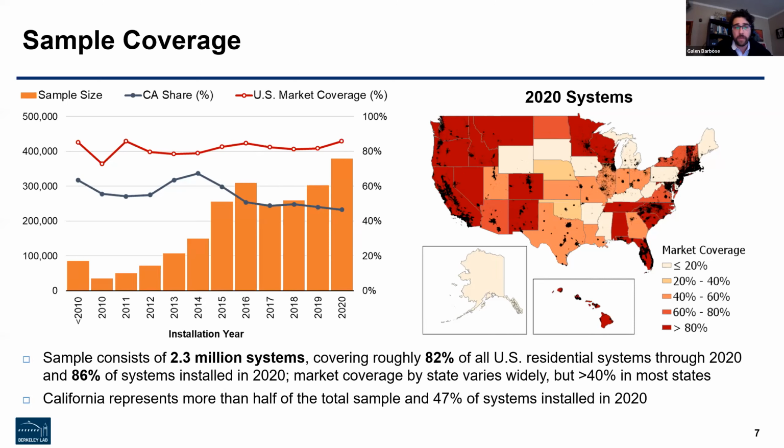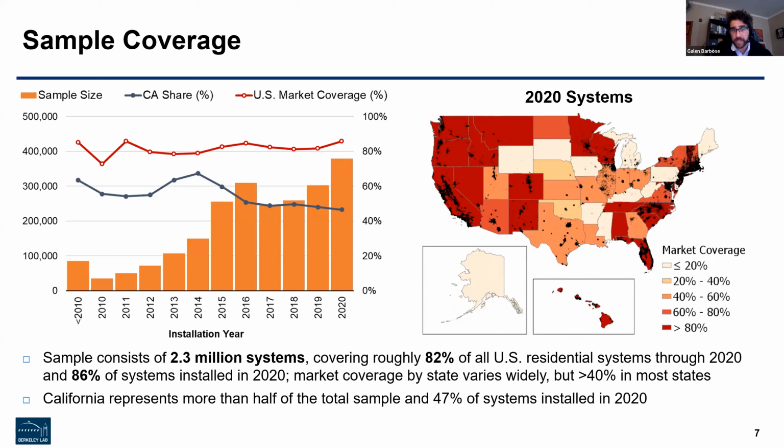The blue line highlights the fraction of our sample that's from California. You can see it's a large fraction, about half, and that's a consistent theme that we'll come back to at various points throughout the presentation.